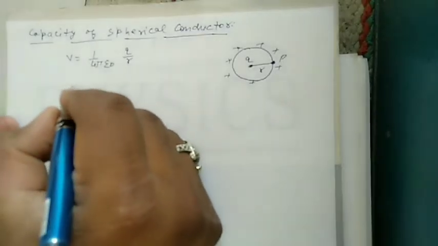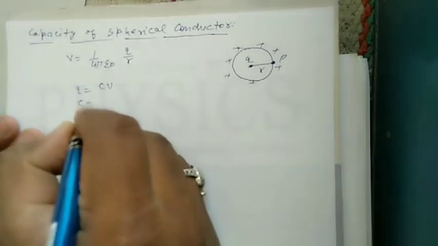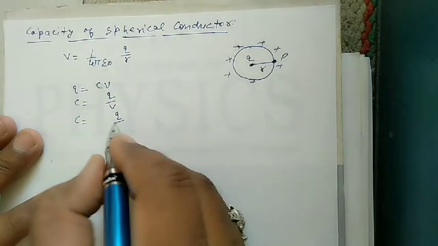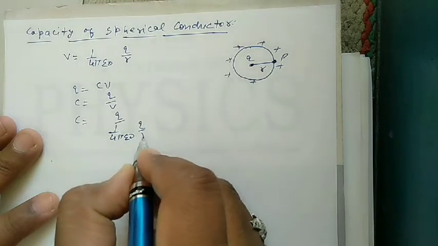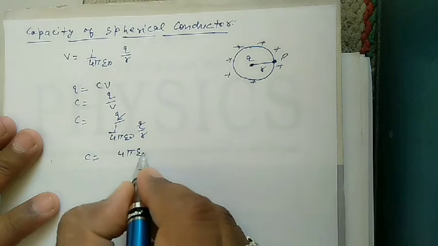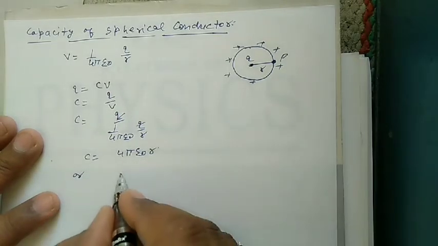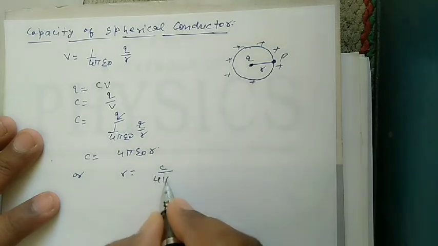According to the definition of capacitance, Q equals C into V. C equals Q upon V, V is 1 by 4 pi epsilon 0 into Q upon R. Q cancelled. So C will be 4 pi epsilon 0 into R. Or if you have to calculate the radius, R equals C upon 4 pi epsilon 0.